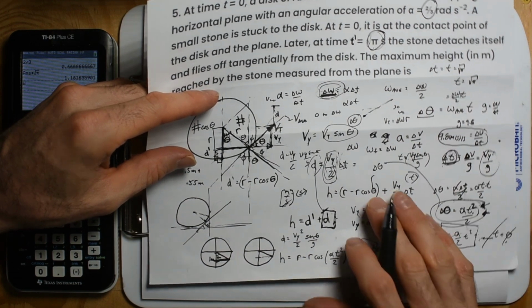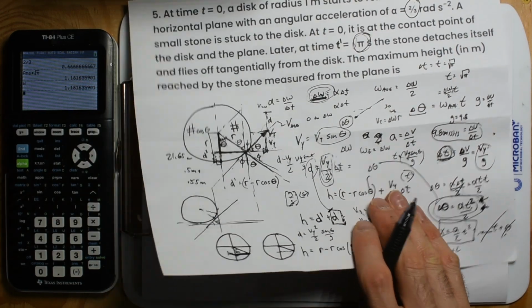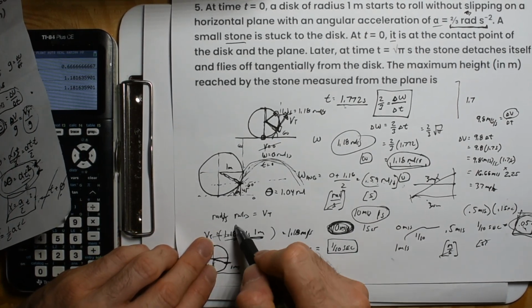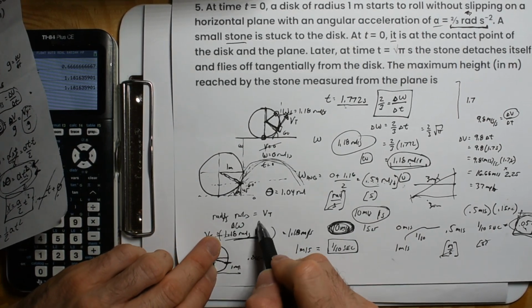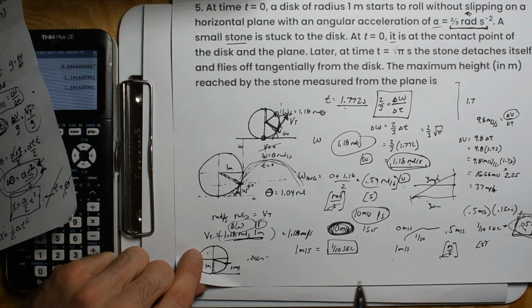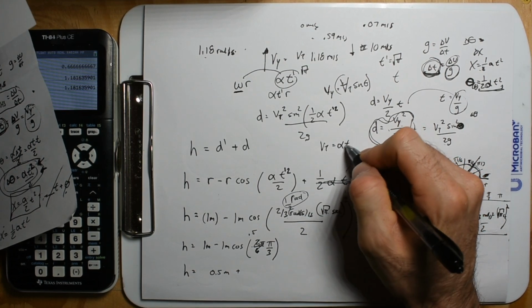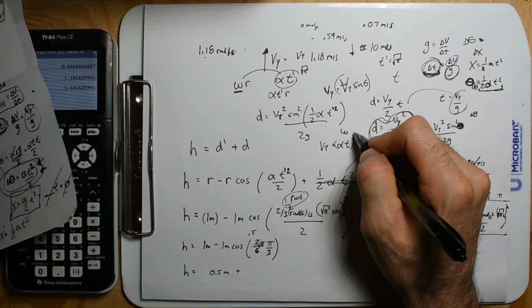I just don't know where that would be. But right here, we just said, hey, VT is that change in omega times the radius. So there you go. So VT is alpha T, that's omega, times the radius.